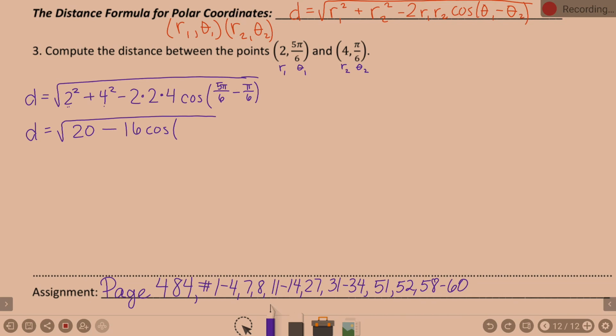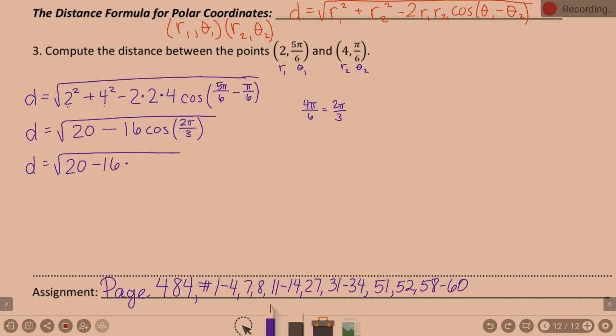But what do we know about 4 pi over 6? 4 pi over 6 is equal to 2 pi over 3. So I'm going to say that this is cosine of 2 pi over 3. Okay, continuing my cleanup, we have the square root of 20 minus 16 times the cosine of 2 pi over 3.